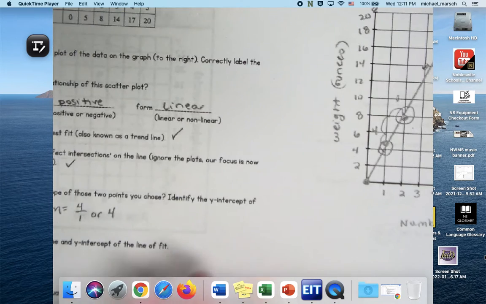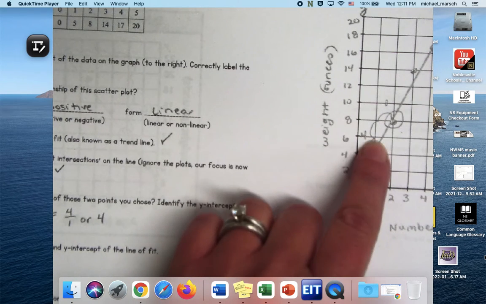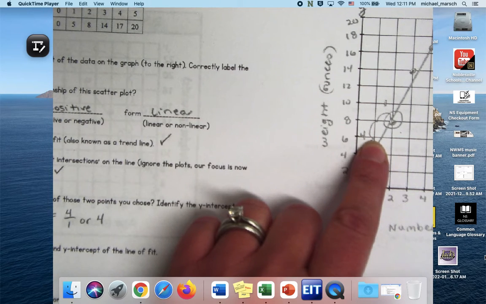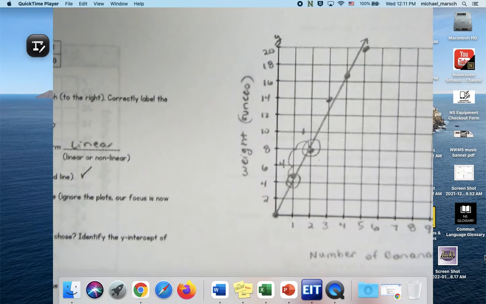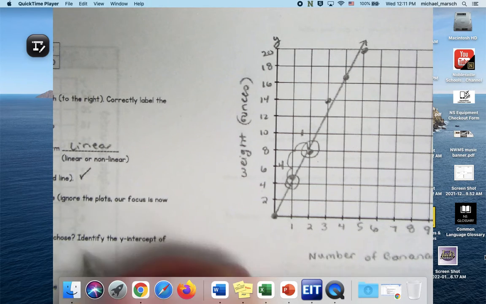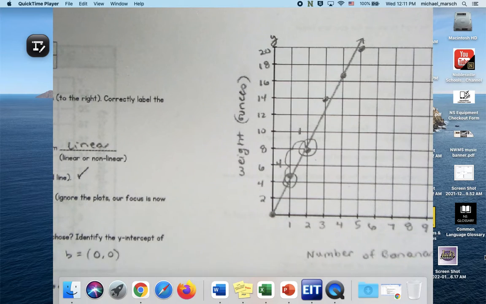Wait, did you go up 2 lines or did you only go up 1 line over 1? Well, I got like 16 over 8. And really simplified. Okay, that's fine. Again, as long as it looks like it matches your graph, that's a win to me. All right, my y-intercept is 0, 0 because 0 bananas is going to weigh 0 ounces.